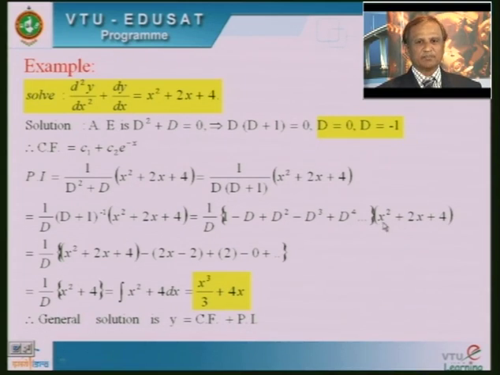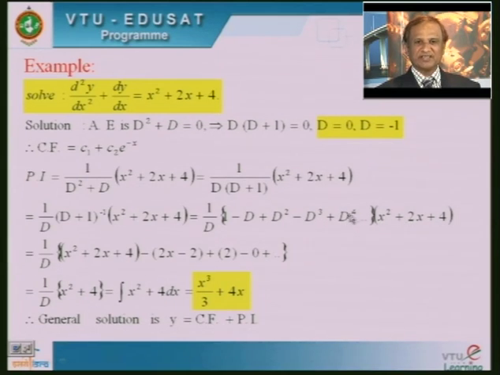The highest power of x is 2. I think these two terms are not necessary. If you write, no problem, but it is not necessary. Just now I have explained, when we operate D cube on x square, it becomes 0.